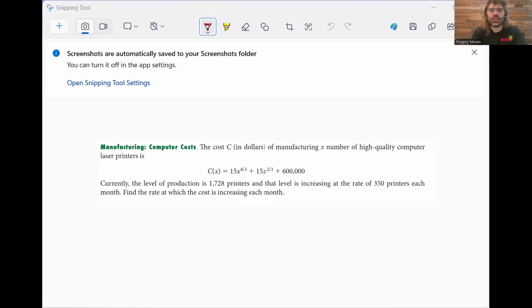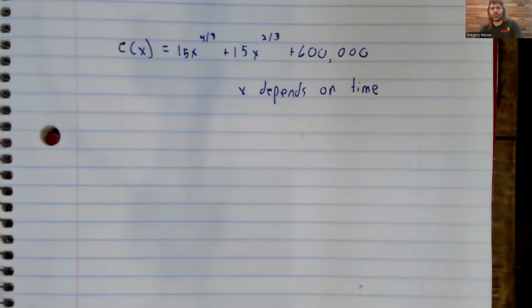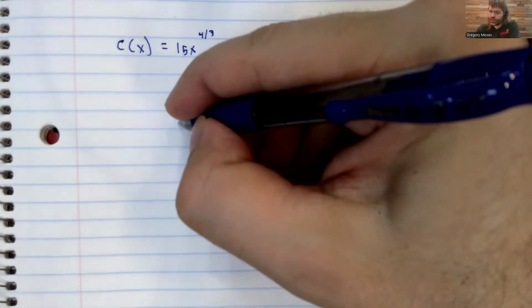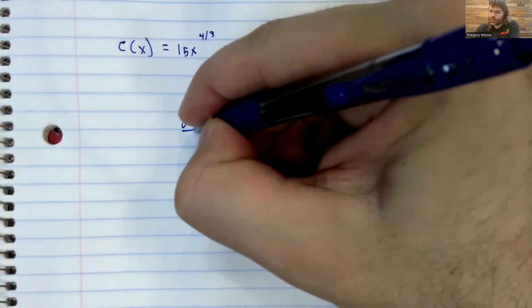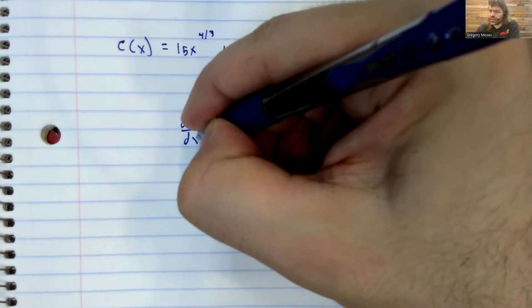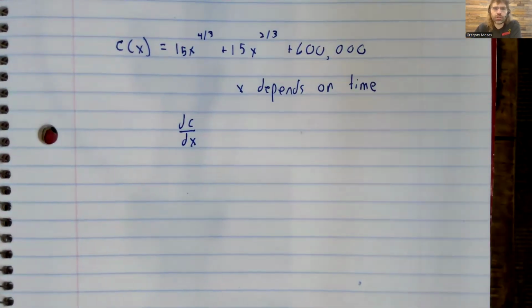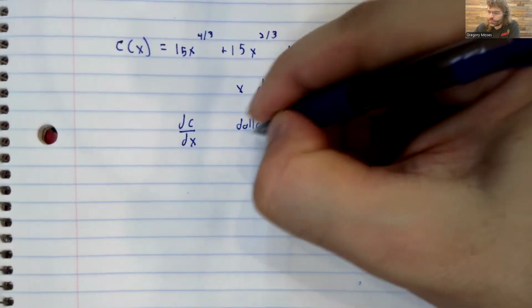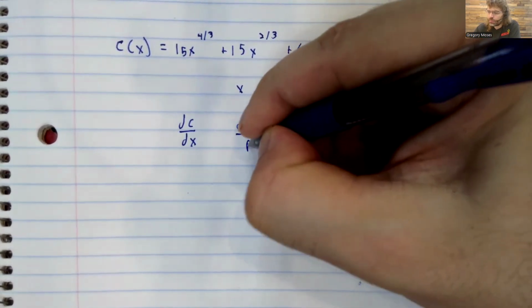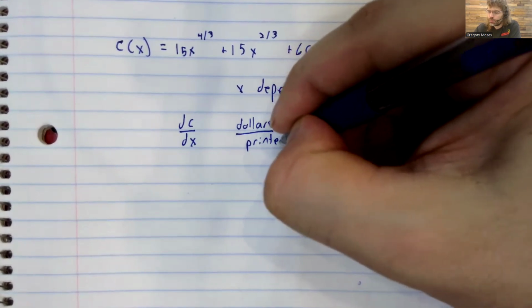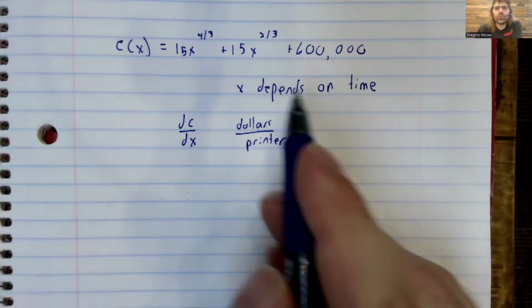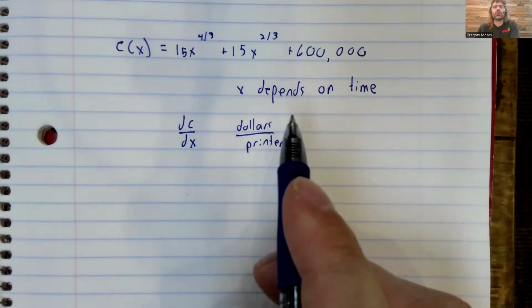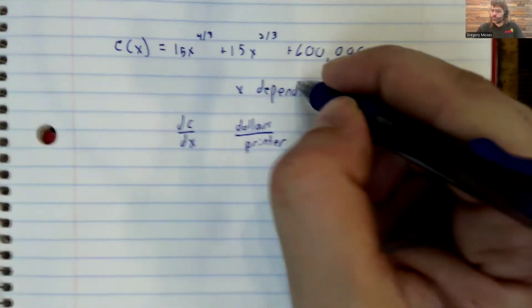I said we could take this derivative, but if we take this derivative, it is not dollars per month. It's something else. It's dollars per printer.